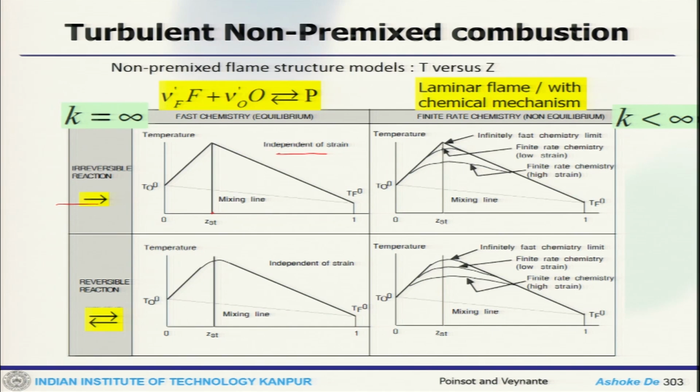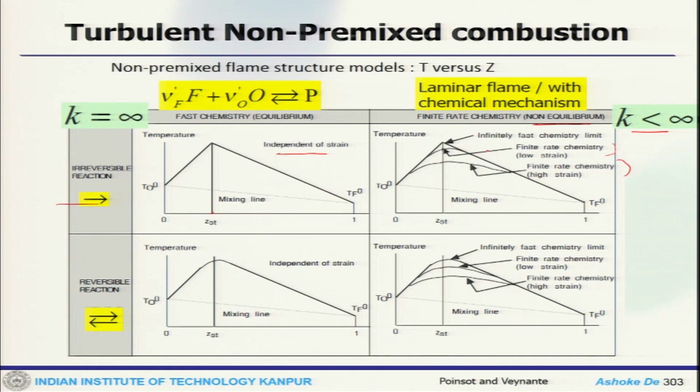At the same time, if you have a finite rate chemistry limit, which is a non-equilibrium situation, and K is less than infinity, the temperature, this is the peak which you get from the infinitely fast chemistry assumption, and these are the situations where you get the finite chemistry for low strain, and you can see the temperature profile goes smooth and shows some sort of a curve.